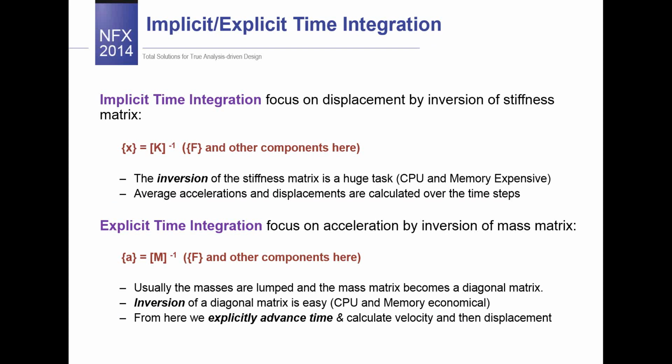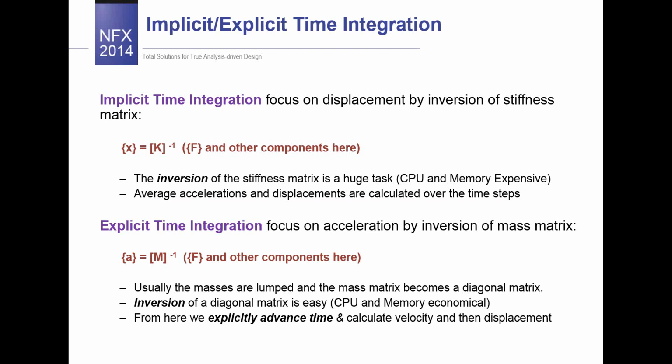And implicit methods find a solution by solving an equation involving both the current state of the system and the later one, while the explicit methods calculate the state of a system at a later time from the state of the system at the current time. This is the main difference.